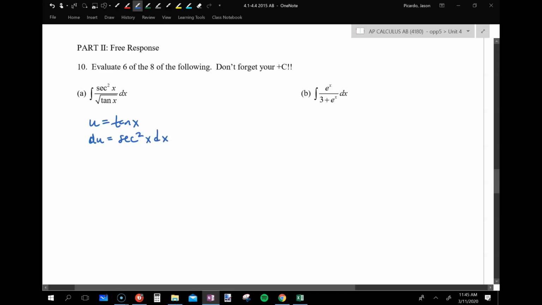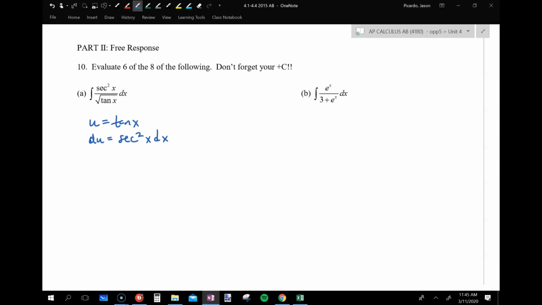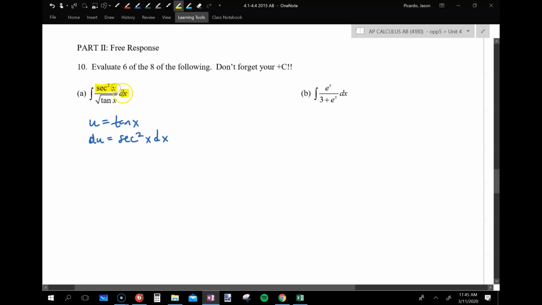And that is a straightforward U sub problem, isn't it? So here is my u, and here is my du, and it is an integral of 1 over radical u du.